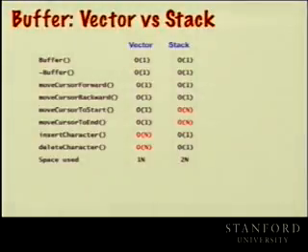Looking at the main 6 operations, the 4 cursor movements and the 2 editing operations, we had traded off where editing had been slow in the vector to where editing was now fast, but then these long-distance movements were slow because of the shuffling. And then there was a little discussion at the very end about how this probably increases our space requirements because we're now keeping 2 stacks that are each capable of holding the entire contents as opposed to just one vector with its slop. So that was where we were at.